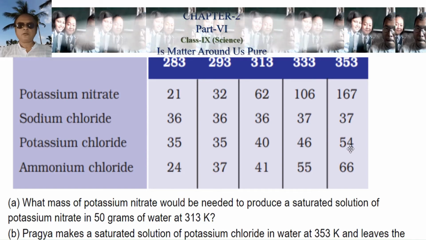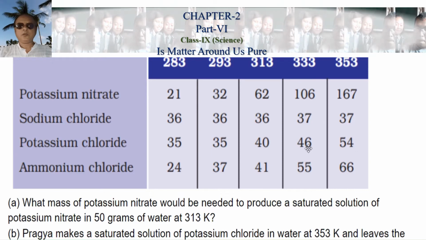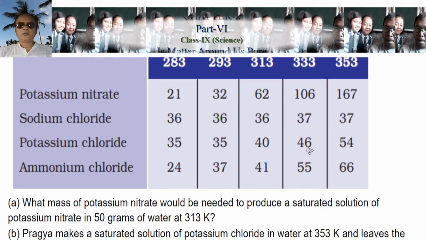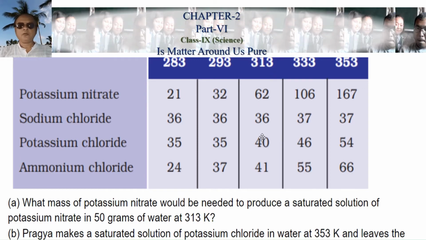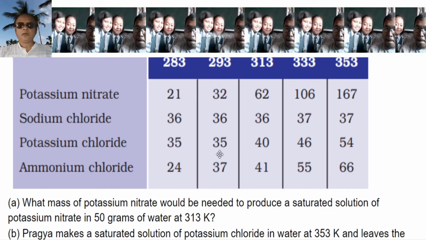But when it cools down slowly, when the temperature decreases to 333, 46 grams of potassium chloride will stay mixed, and the remaining will reappear. Similarly, at 313, 40 grams will be in the solution, and the remaining 14 grams will reappear.